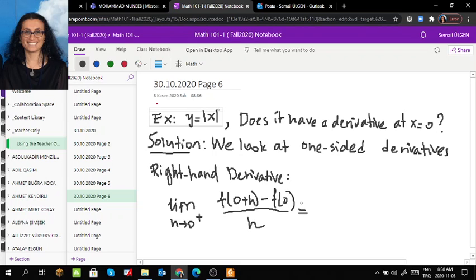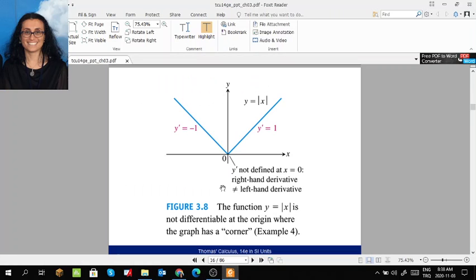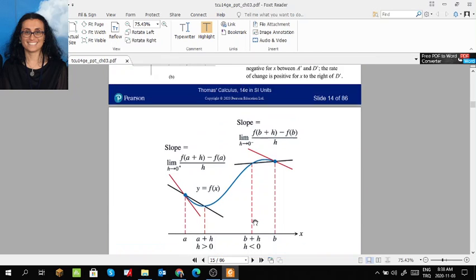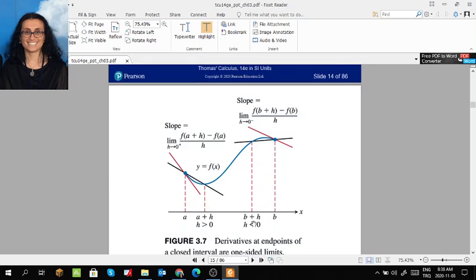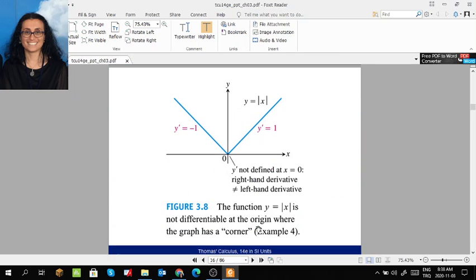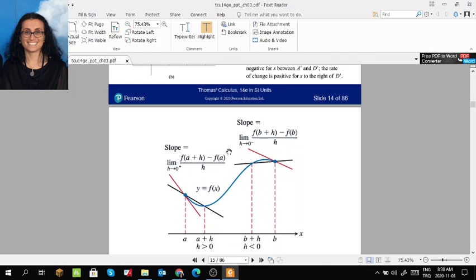We just write the right-hand derivative here. If you go back to it, let's look at the derivative functions. One-sided limits, one-sided derivatives. This is the definition of the right-hand derivative, and this is the definition of the left-hand derivative.